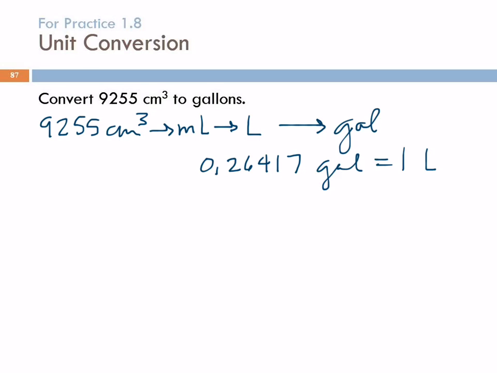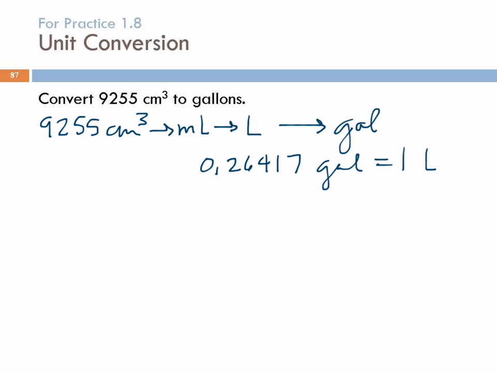Okay, so the path you choose here is going to depend on what you have available to you. But we found that one, so we can do this path. As one student pointed out, cubic centimeters to milliliters is a 1-to-1 conversion. I'm going to go ahead and write the whole thing out, but it's perfectly fine to just cross out the cubic centimeters and write milliliters, because they're two different names for exactly the same thing.